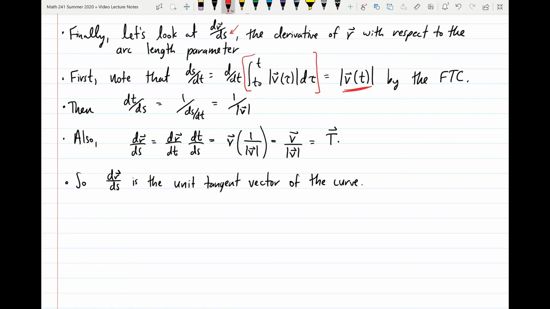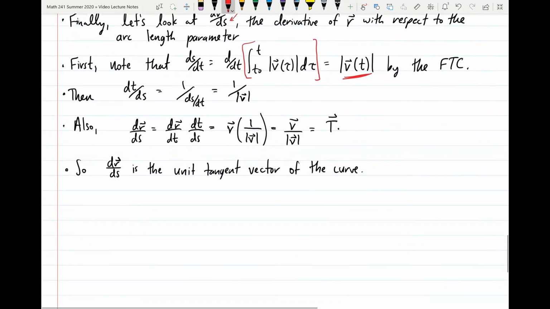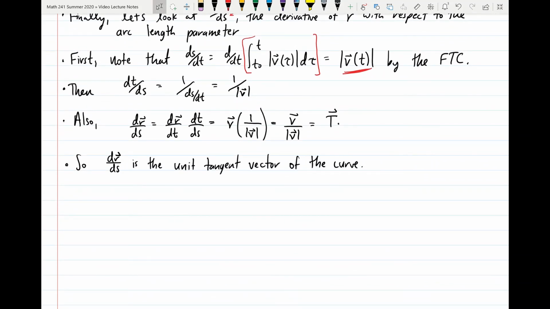So the fundamental theorem of calculus allows us to say that ds/dt is equal to the magnitude of v of t. And for that reason, dt/ds is going to be equal to 1 over ds/dt, which we just said is equal to the magnitude of the velocity.